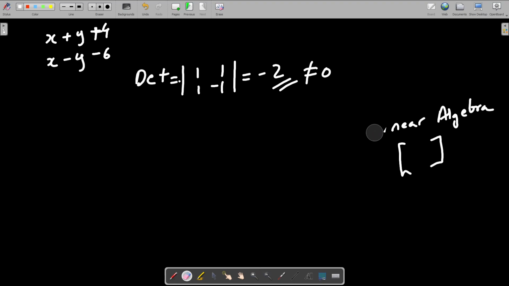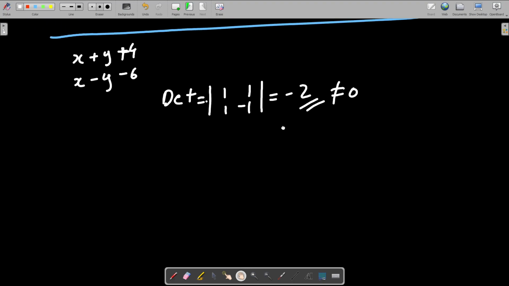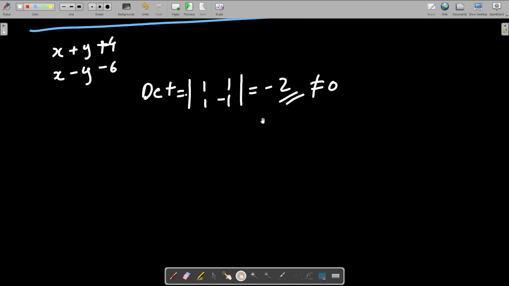After you understand linear algebra, you will understand better what was going on over here in these calculations. But for the time being, just keep in mind that the determinant is not zero, means the lines are not parallel.